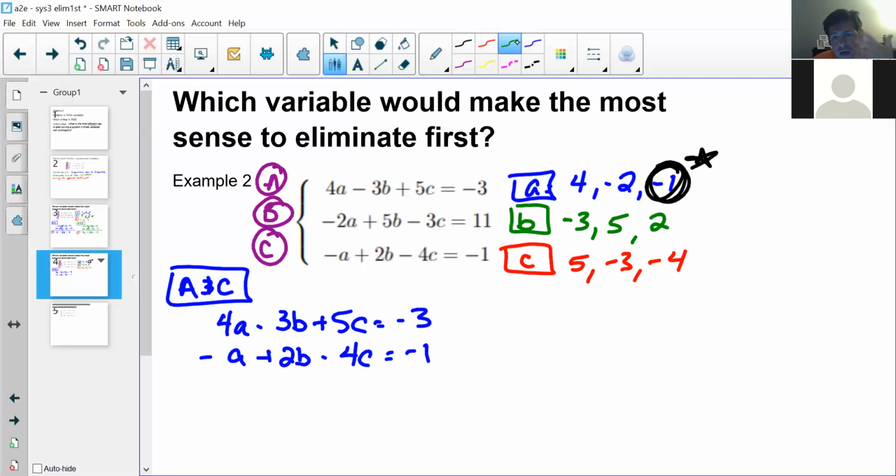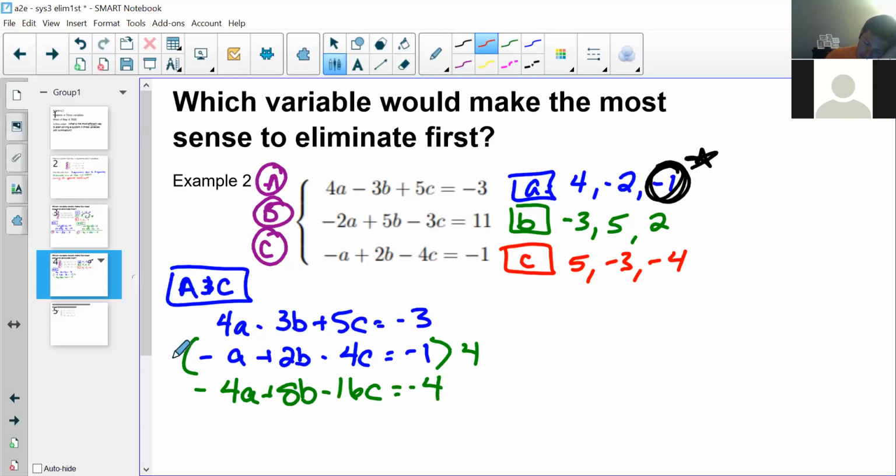However, with a quick multiplication to the equation C, we're going to go ahead and multiply every single thing there by 4. Hopefully you can see now that our A's have opposite coefficients, and then we'll be able to use the elimination method and get rid of A here. We'll have positive 8B, we'd have -16C, it's equal to -4.